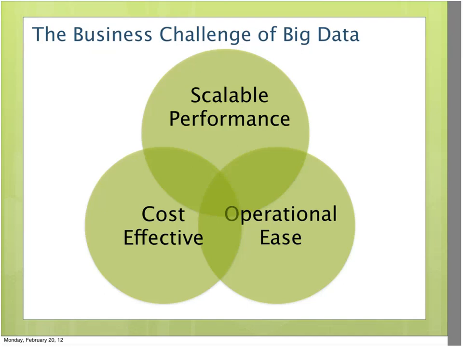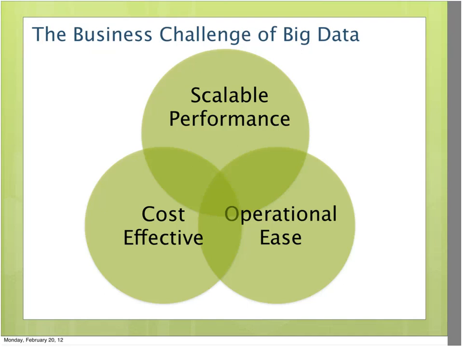So I think there's three main categories of dealing with big data that we can break these problems down into: scalable performance, operational ease of use, and cost effectiveness. And typically, most products out there are going to give you 2 out of 3.